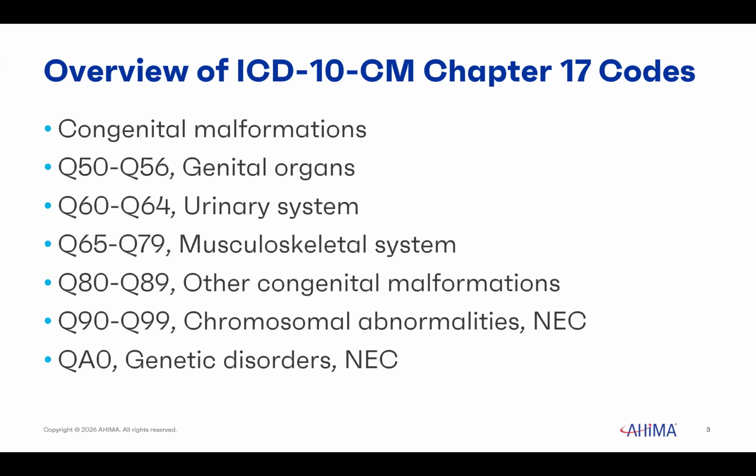Again, we have congenital malformations of the genital organs, Q50 through Q64, musculoskeletal system, Q65 through Q79. We have other congenital malformations, Q80 through Q89, and chromosomal abnormalities, Q90 through Q99. And then genetic disorders not elsewhere classified fall into Q40.